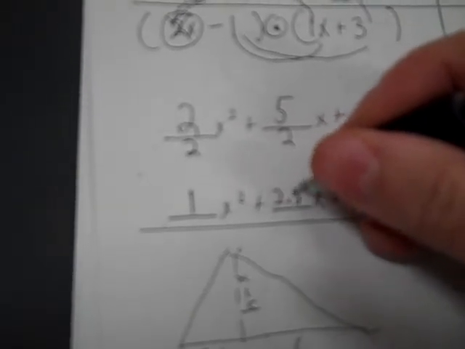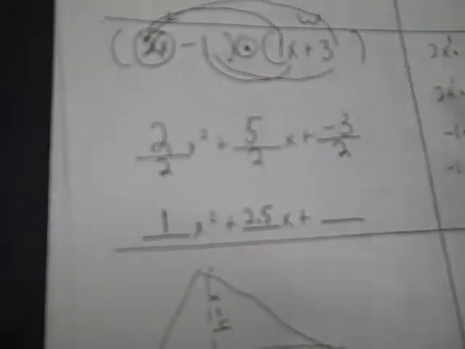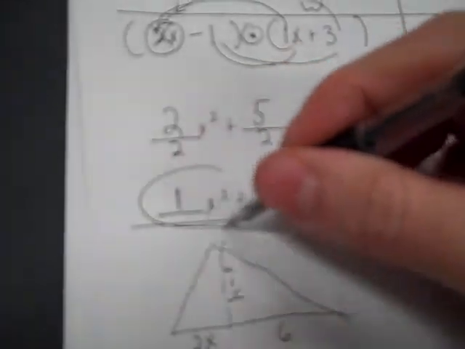So 2 divided by 2 is 1. 5 divided by 2 is 2.5. And then negative 3 divided by 2 is negative 1.5. Now I'm doing that on these problems, but not the first page because these are triangles.